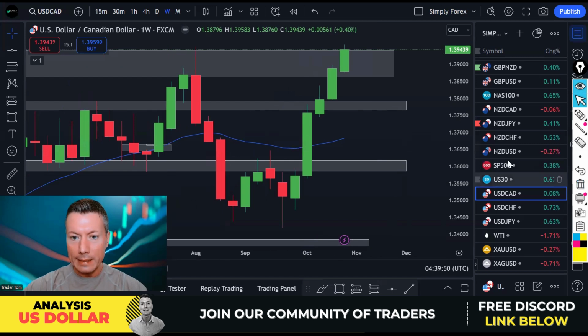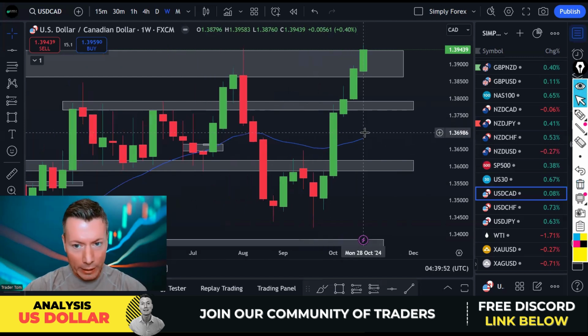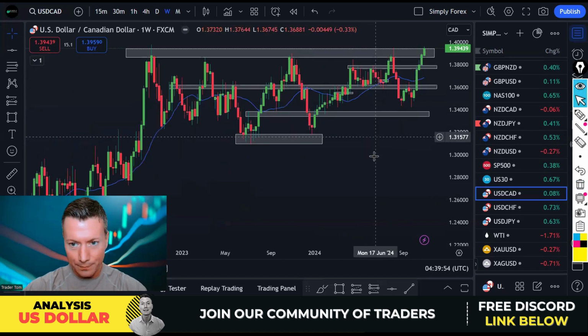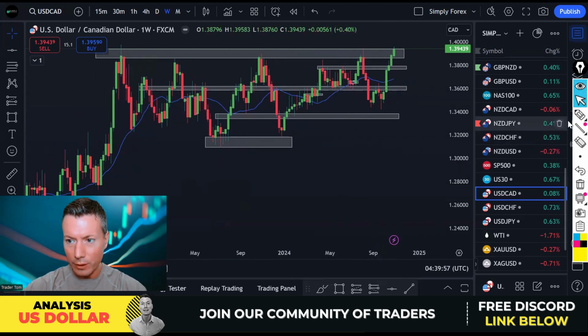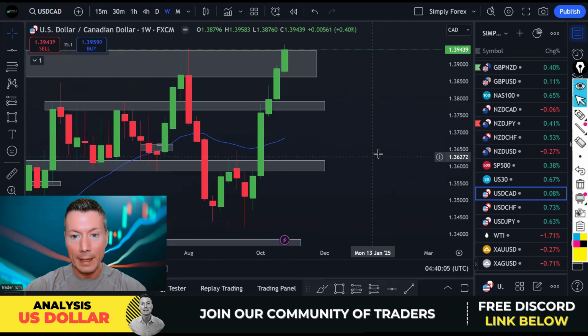So US dollar, Canadian dollar, this is USD CAD. And we're looking at the weekly charts, guys, because these are swing trades, right? And we are at a key weekly resistance level, right? A lot of US dollar pairs are, but we're still getting a lot of bullish US dollar strength, but into a weekly resistance level.